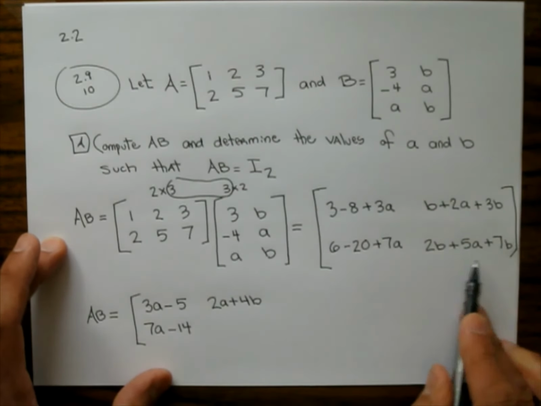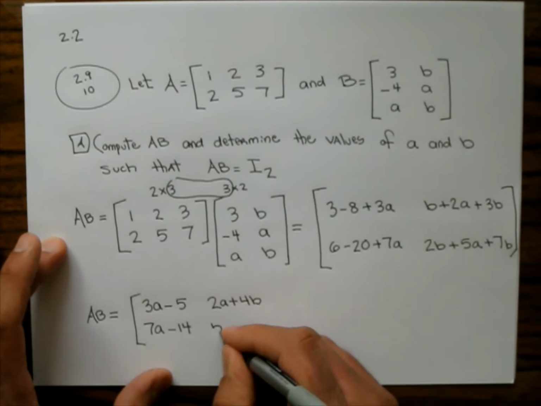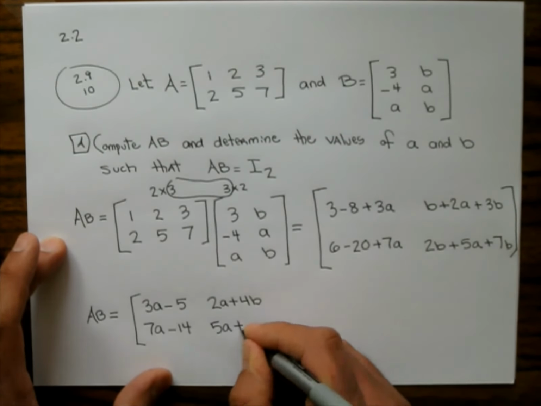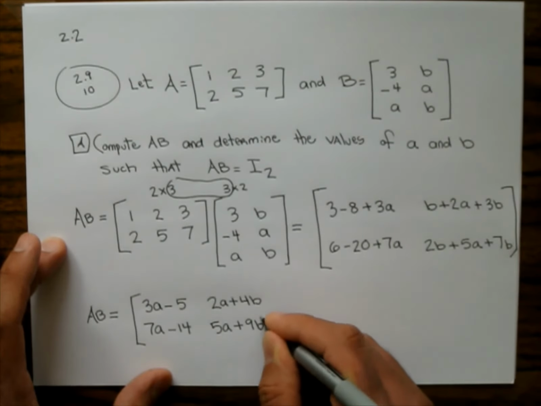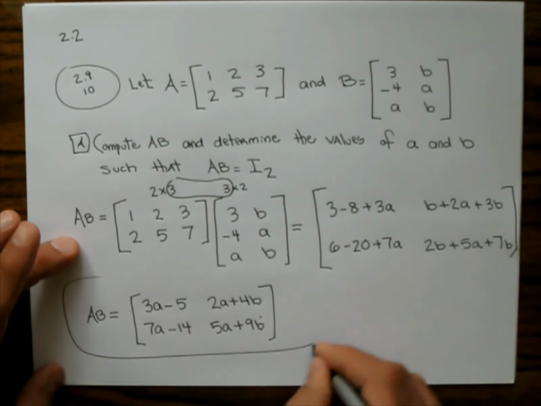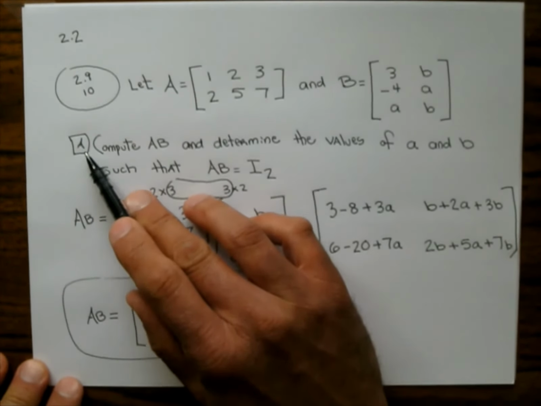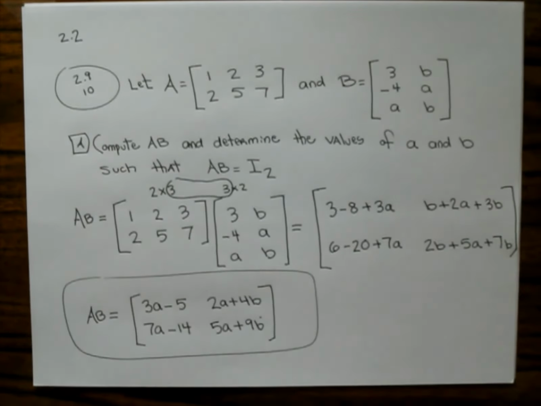And over here we're going to have 5a plus 9b. And then I'll put the parenthesis there. Okay, so we have to do the second part here, and this is part A. I haven't even showed you part B. Gotta go grab some paper here.